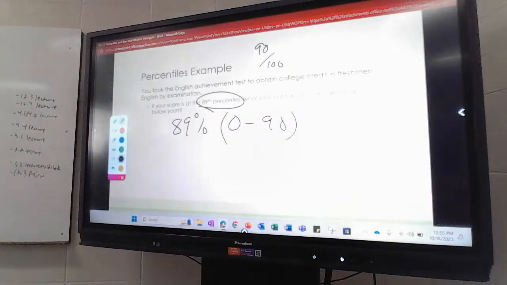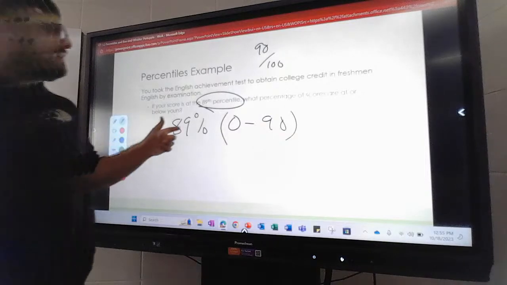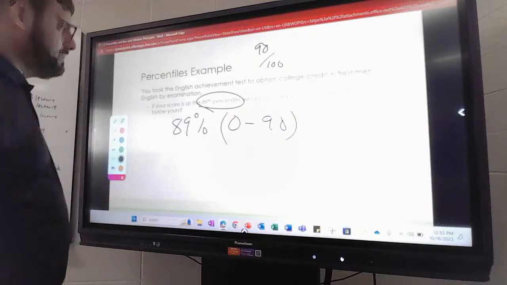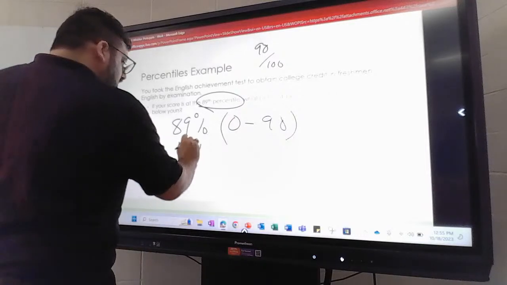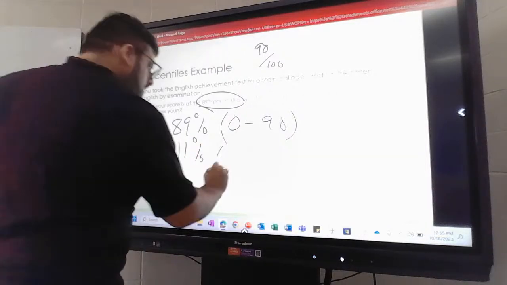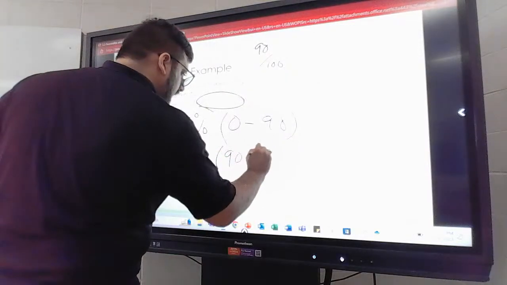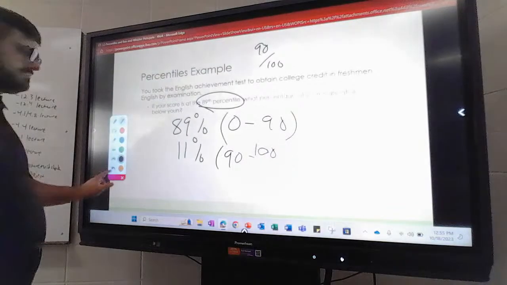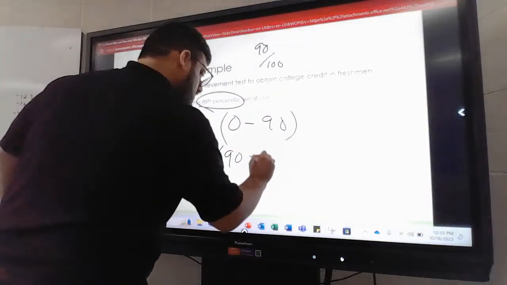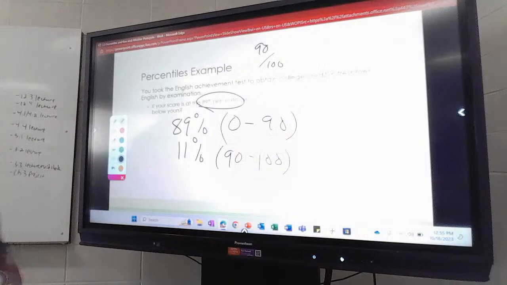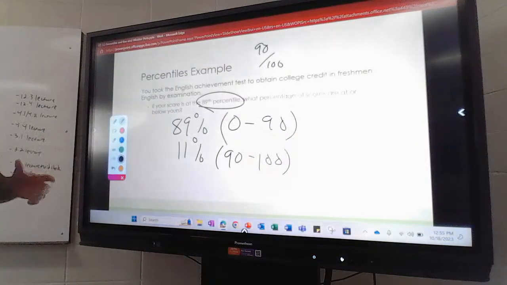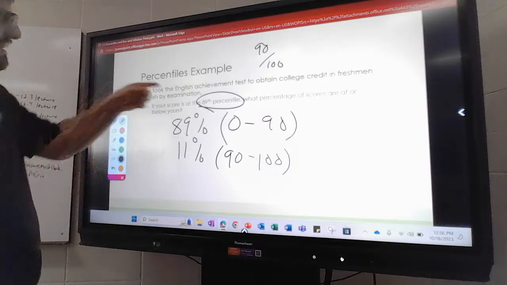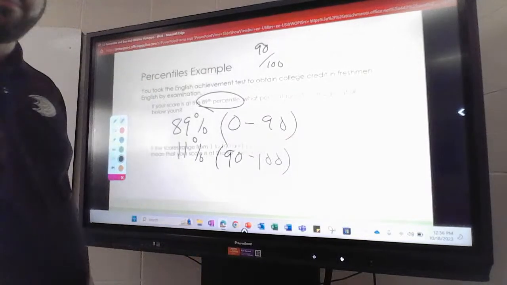So 89% of the scores collected fall in that range, whereas 11% of the scores fall between 90 and 100. Okay, so again, when we think percentile, that's the percentage of data below the value that it's referring to.